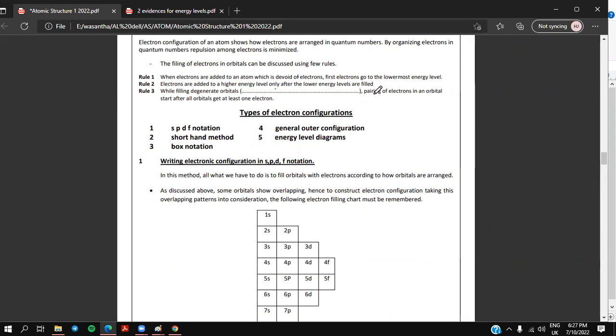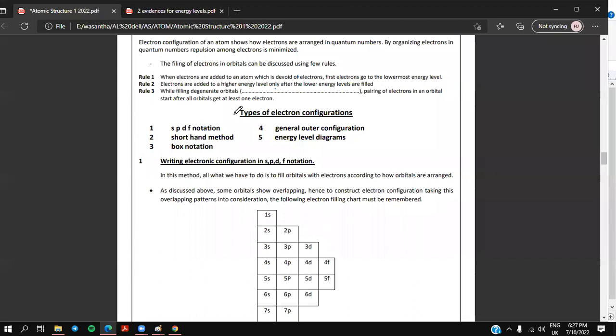Pairing of electrons in an orbital starts after all orbitals get at least 1 electron. That's in degenerate orbitals. Okay, let us discuss these things in detail once we start writing this electronic configuration.